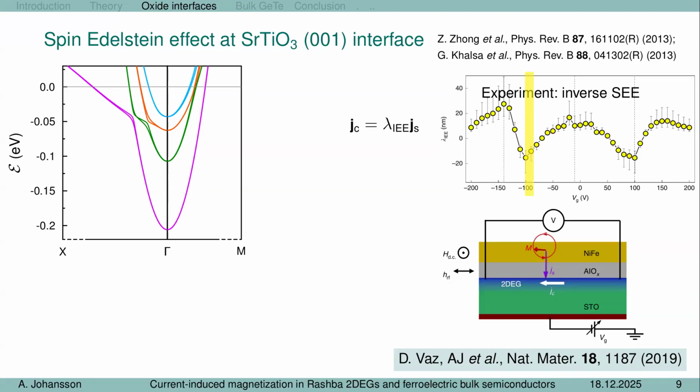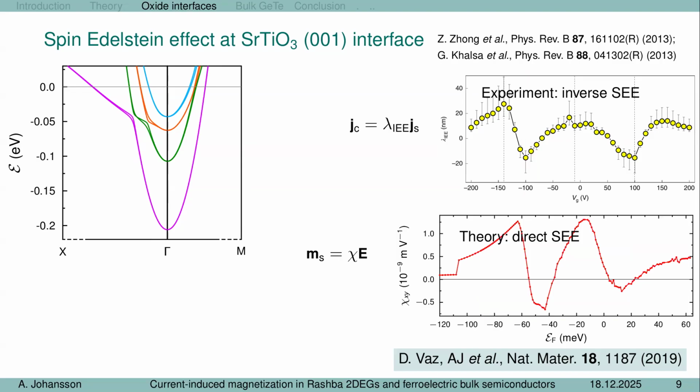To understand what's happening here, we used our tight binding Hamiltonian and calculated the Edelstein effect. And since the inverse and the direct Edelstein effect are reciprocal, we can then compare the corresponding spin to charge and charge to spin conversion efficiencies qualitatively. So for the direct Edelstein effect, we use a quantity which we call Edelstein susceptibility.